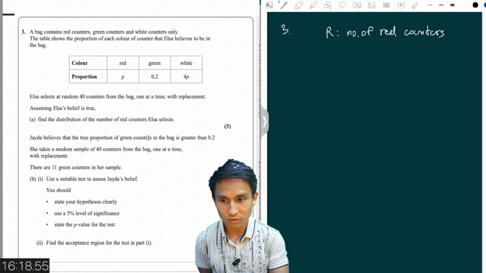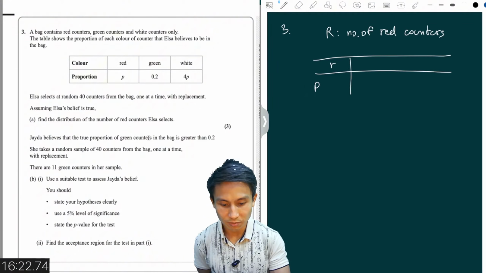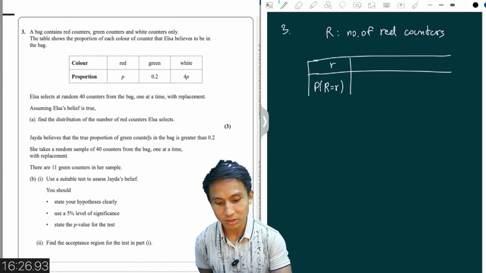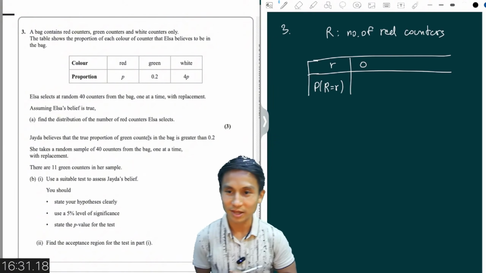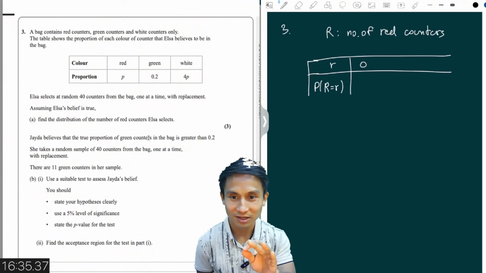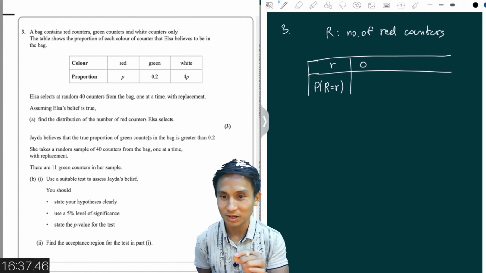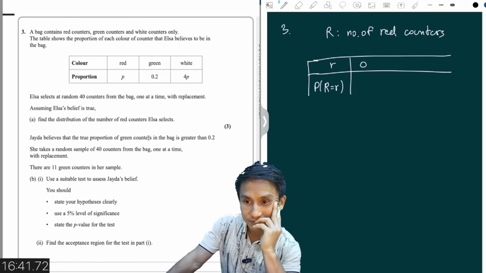Okay, so we're going to do R here, and P(R = r). So there is a chance that she will not get any red. That's 0 red, because she selects how many times here? One at a time with replacement. Wait, hang on. Oh, 40 counters. Oh my god. 40 counters?